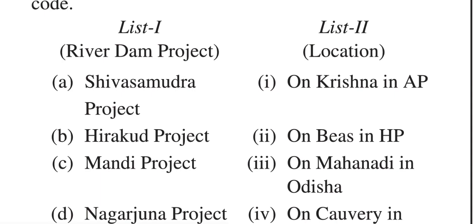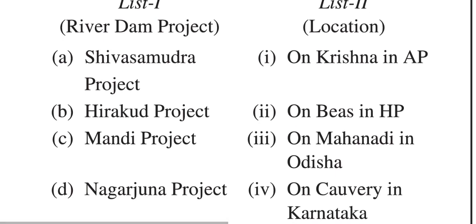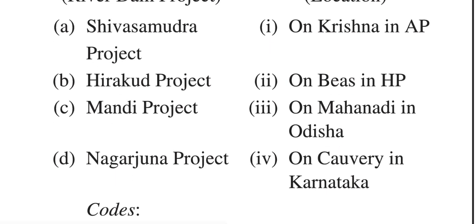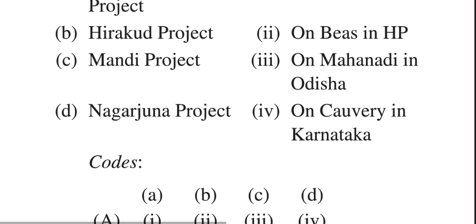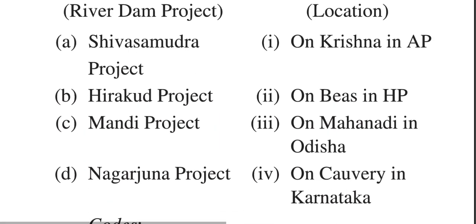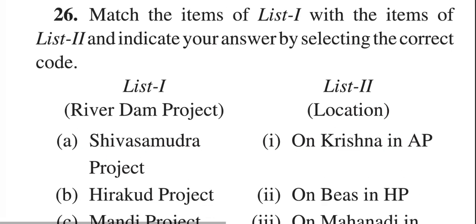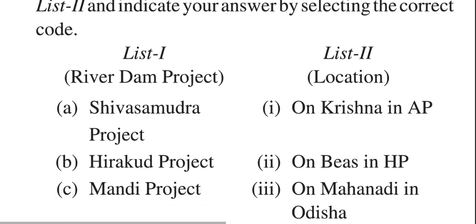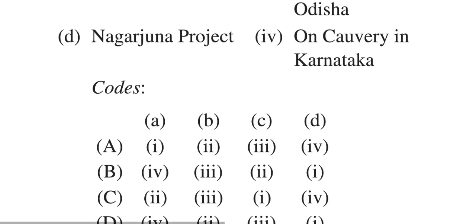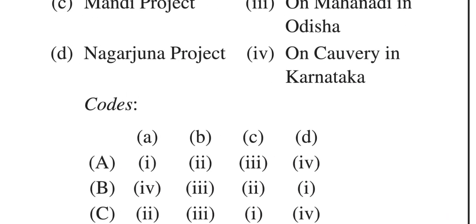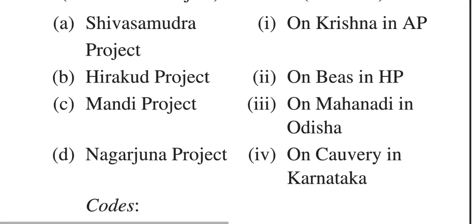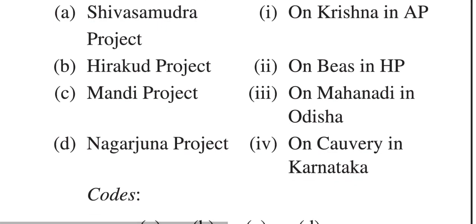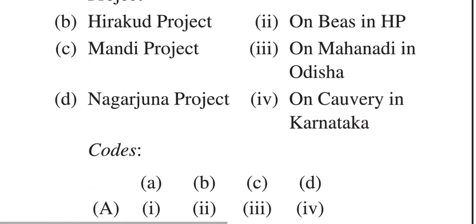So A is saying Shiva Samudra project, Hirakud project, Mandi project, Nagarjuna project. On Krishna in AP, on Beas in HP, on Mahanadi in Odisha, on Kaveri in Karnataka. So correct answer will be number B. That means A will be related to 4. Okay, A, that is Shiva Samudra project, it is related to on Kaveri in Karnataka.